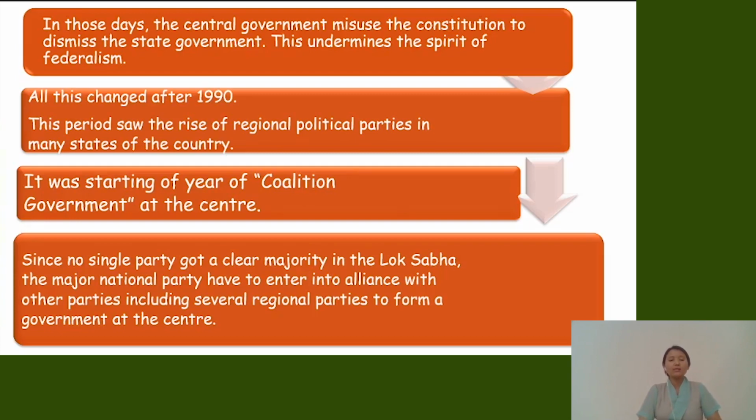So through this, the national party is now sharing power with regional parties. Before 1990, the national party never used to share power with the regional party, right? Now, because of the rise of political parties at the regional level, it has become very difficult to get a majority vote. Because of that, the national party now forms a group with regional parties to form a government at the center.